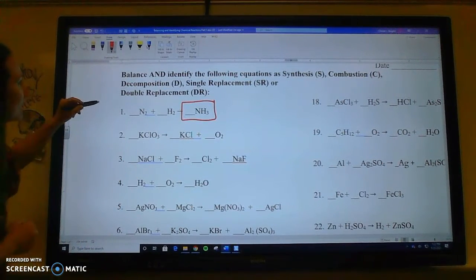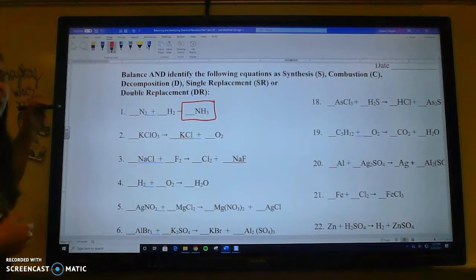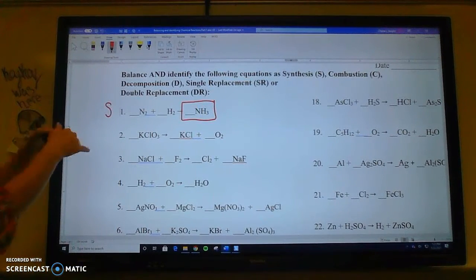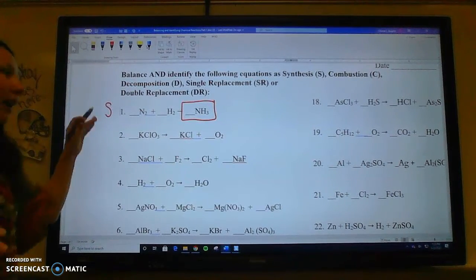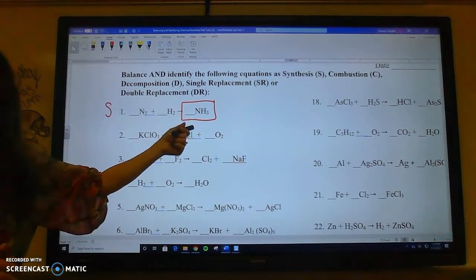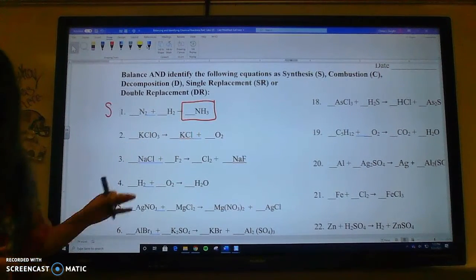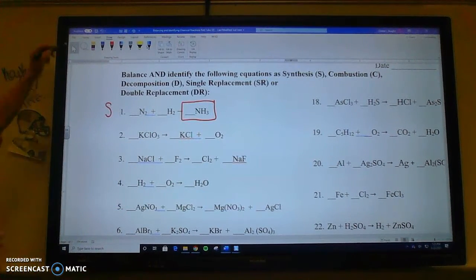So clearly this one is a synthesis. In the directions, we don't have to write the word synthesis to the side. We can just make an S and then move on to the next one, okay? But again, if I was the student, I would just go through and look at all of these and try to find any of them that only have one product, and go ahead and identify all the synthesis reactions and then look for the next type.